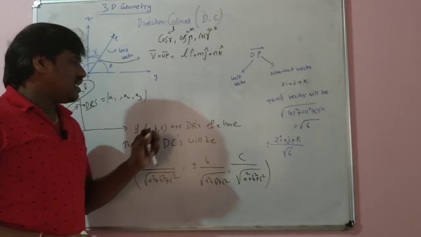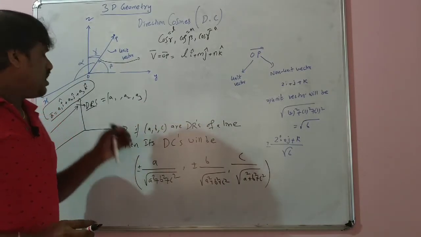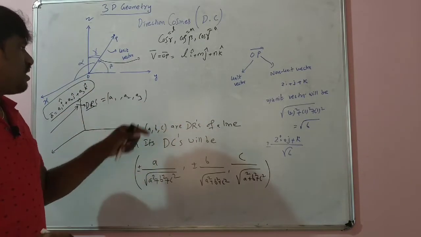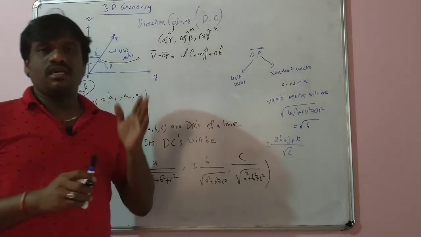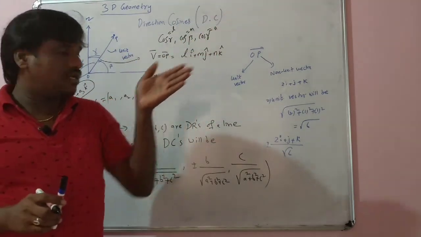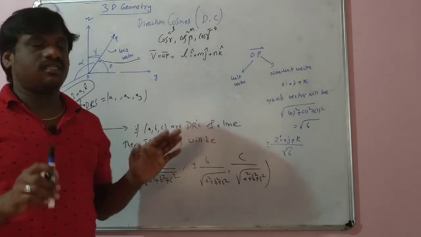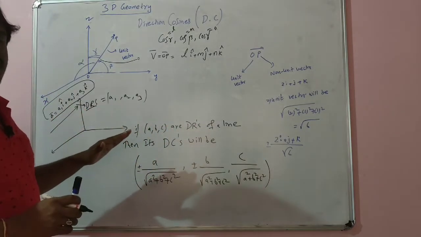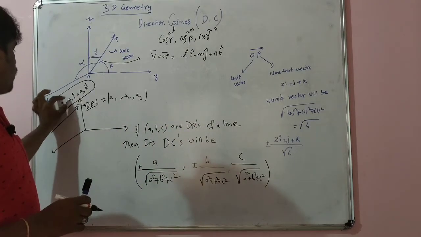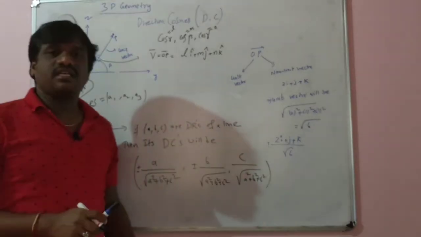A, B, C are direction ratios of a line. A1, A2, A3 can come from any vector parallel to the given line.